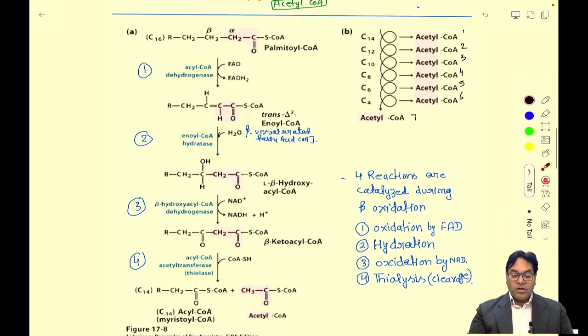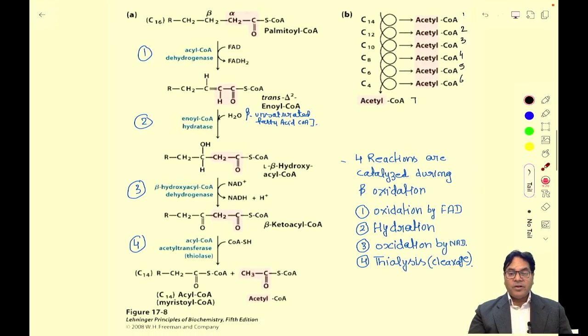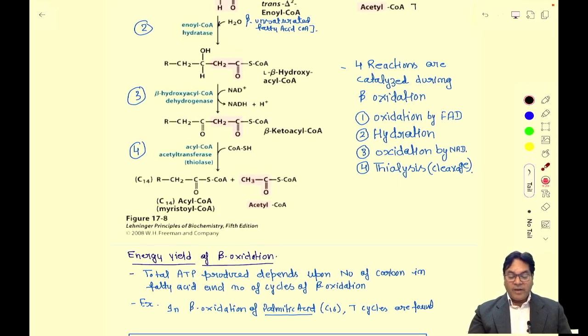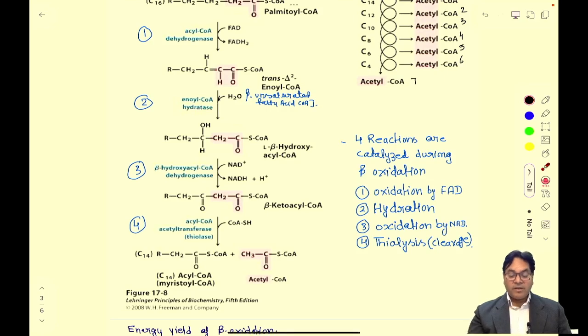All right. So this is the cycle of beta oxidation. We have to mug up all these steps. There is no other way to remember this. I have taken this beta oxidation cycle from the book of Lehninger.